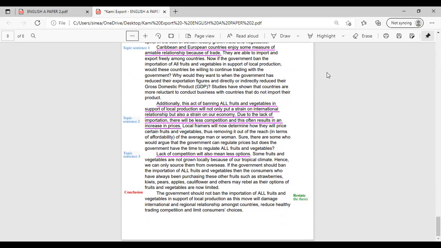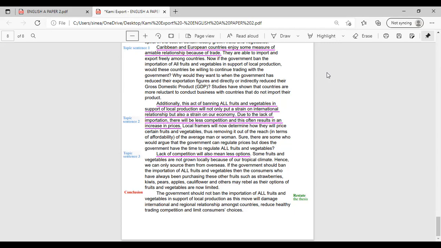Local farmers will now determine how they will price certain fruits and vegetables, thus removing it out of the reach of the average man or woman. Sure, there are some who would agree that the government can regulate prices, but does the government have the time to regulate all fruits and vegetables? Lack of competition will also mean less opportunities.